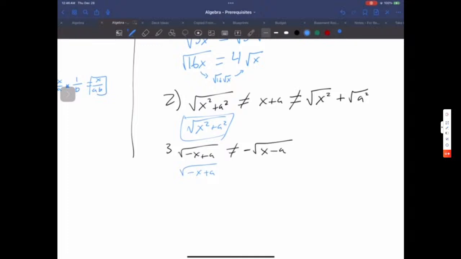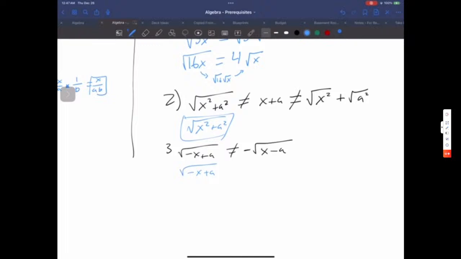But the reason that negative x can be in there is, let's say x is 12 and a is 35, right? Well, a negative 12 plus a positive 35 still ends up being a positive number, and you don't have to worry about the square root of negative 1 at that point. So there are domains for which this equation is valid. It's not the presence of the negative sign on any term that invalidates any of these specific things.